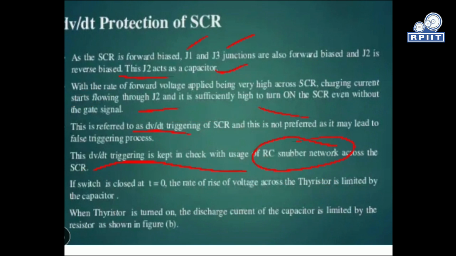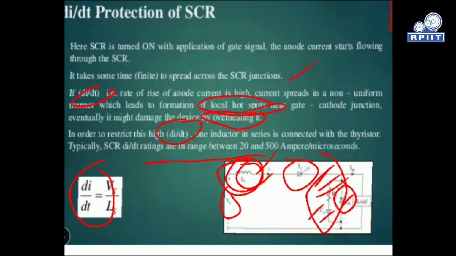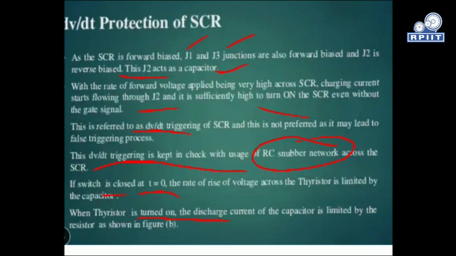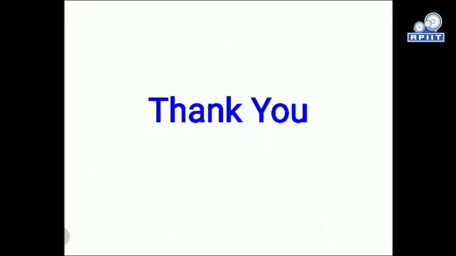If the switch is closed at t equal to 0, the rate of rise of voltage across the thyristor is limited by the capacitor. When the thyristor is turned on, the discharge current of the capacitor is limited by the resistor, as shown in the figure. So it will protect the thyristor by limiting this change in voltage, which is bypassed by the capacitor as well. So this is all about our dv over dt triggering.